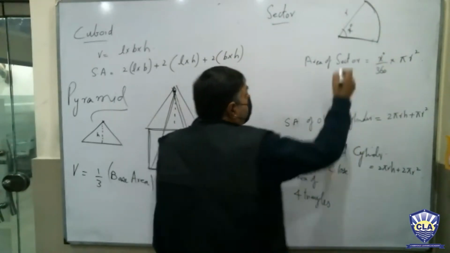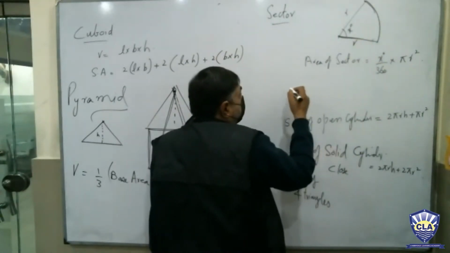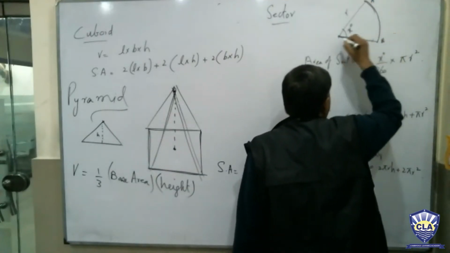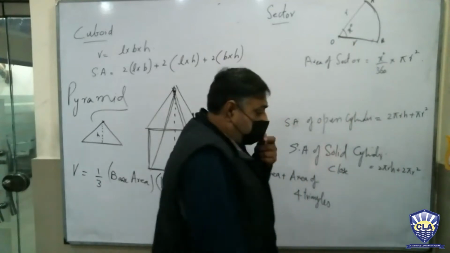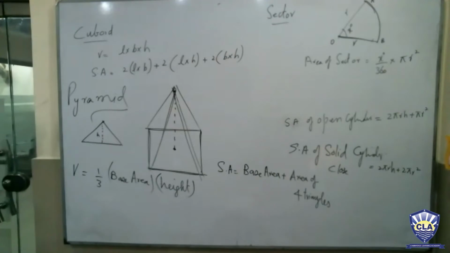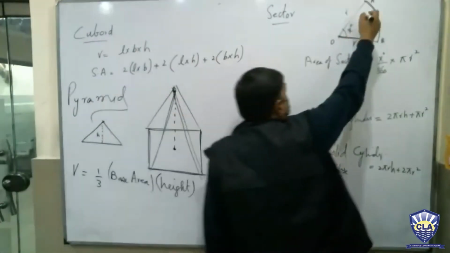And perimeter of sector. A, B, O. In this sector, AB is the arc length.